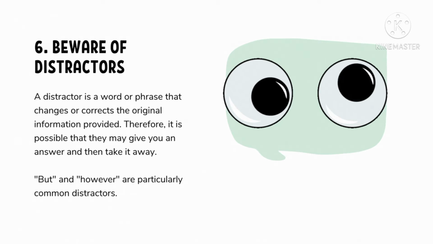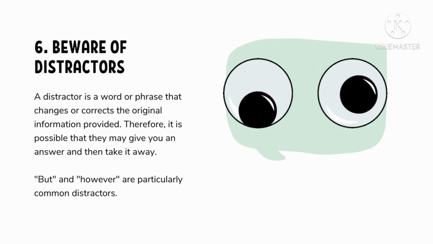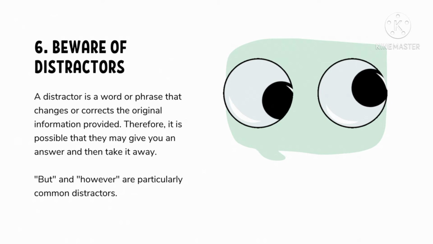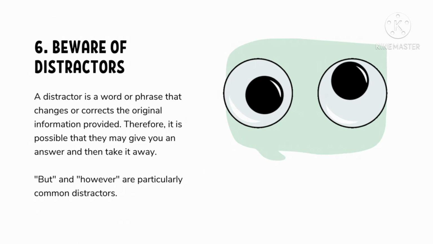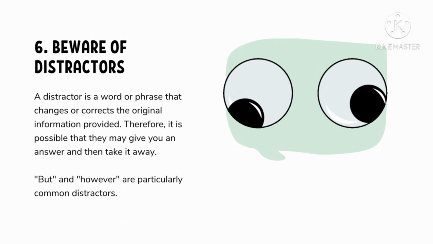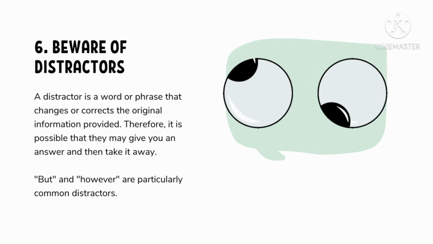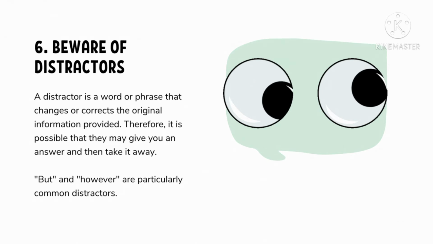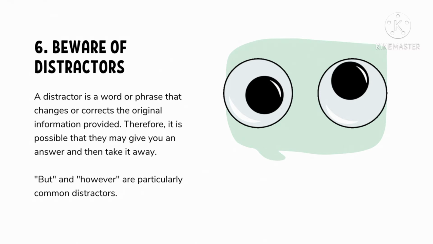6. Beware of distractors. A distractor is a word or phrase that changes or corrects the original information provided. Therefore, it is possible that they may give you an answer and then take it away. Here are some examples of sentences that have distractors in them.